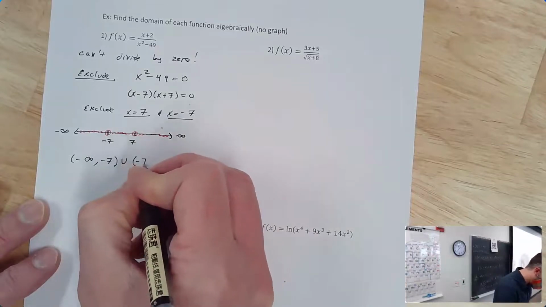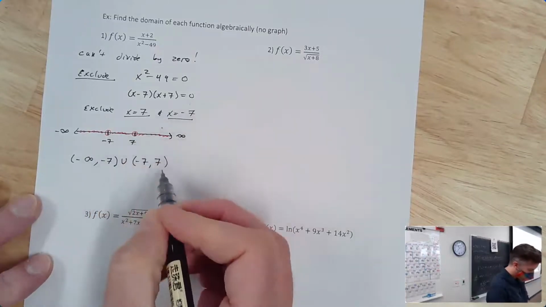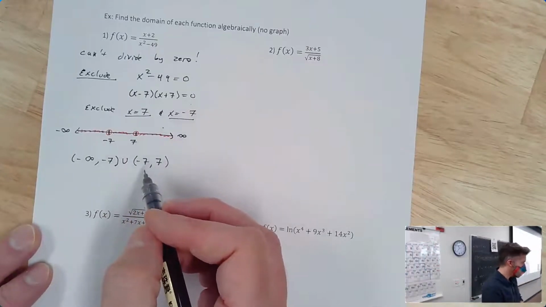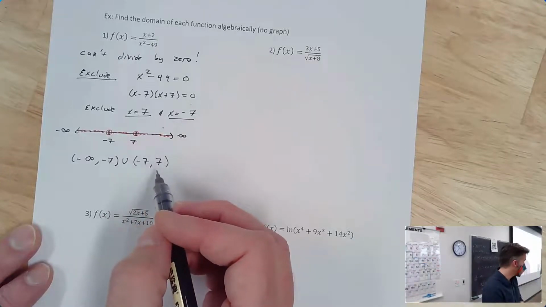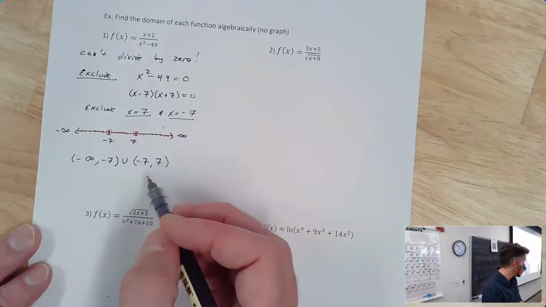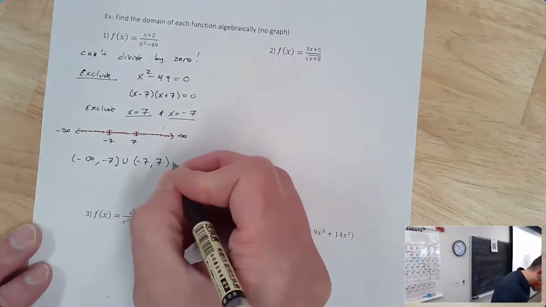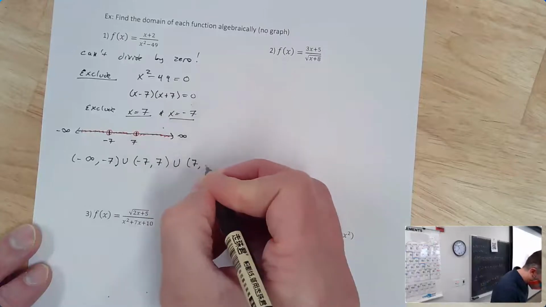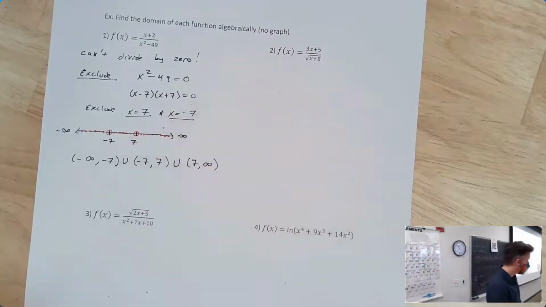So -7 to 7. So this interval here includes things like -6 and -4 and +5 and +2 and -6.99999 and +6.872, right? Anything between -7 and 7. And then finally, we want this third interval, everything that's bigger than 7 and beyond.